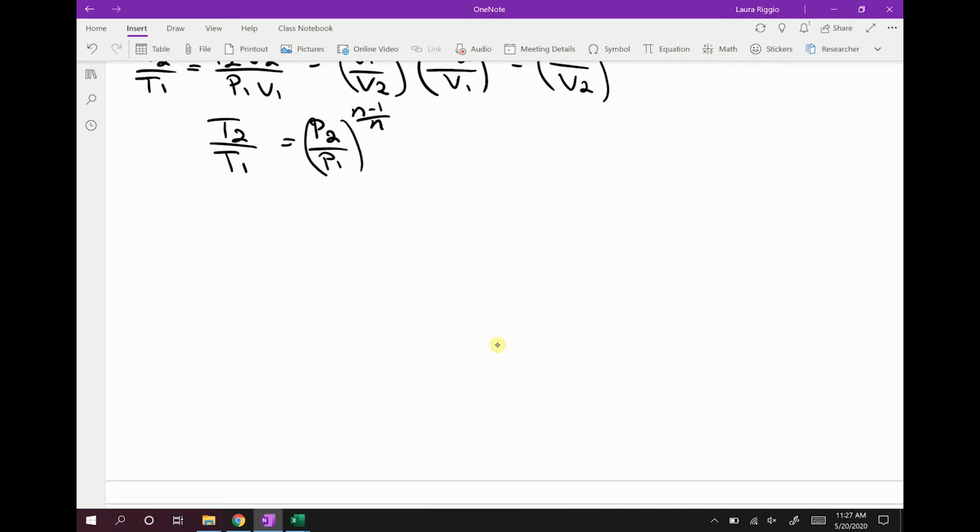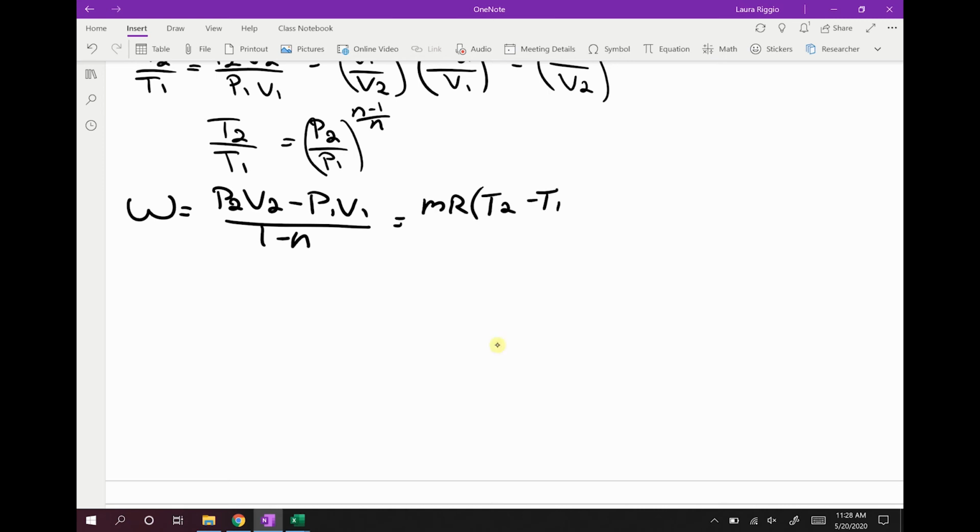Our work, which is (P2 V2 minus P1 V1) over 1 minus n, is mR(T2 minus T1) over 1 minus n. Again, I use the fact that PV equals mRT. This is for n not equal to 1.